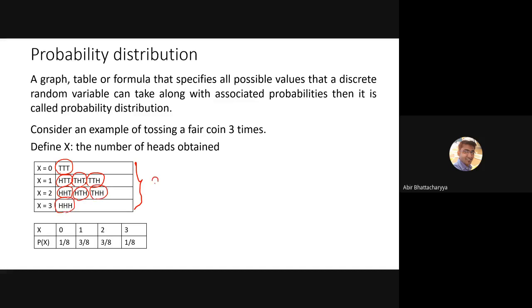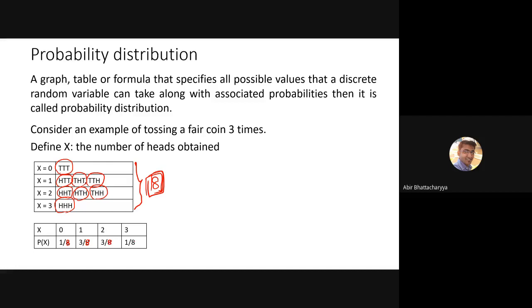So how many in total? Total is 8. The total number of possibilities of the sample space will be 8. So this 8 will always be in the denominator.